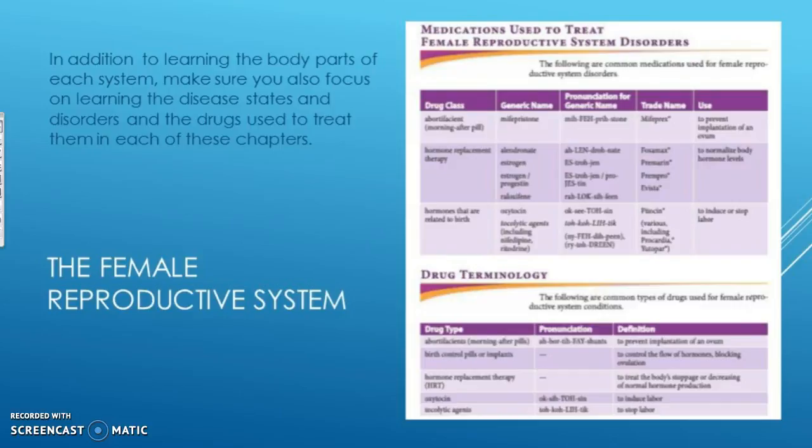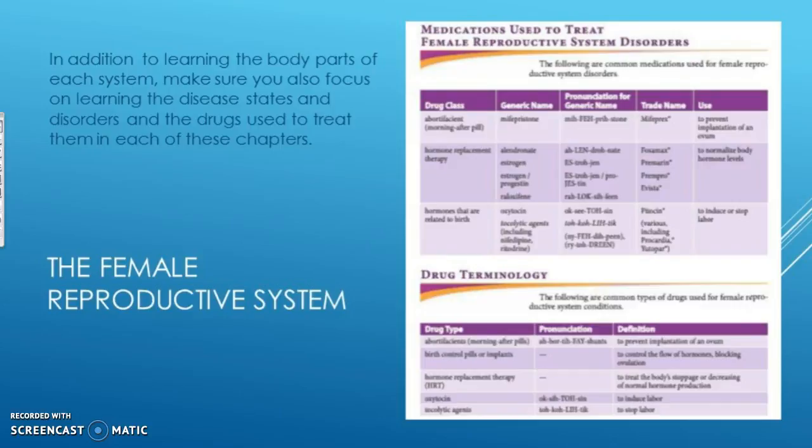I really want you to focus on the drugs used to treat these different diseases and disorders, so that when you are presented with them in a pharmacy, you are familiar with what this is all about. This is just an example, a table right out of your textbook. Since we're talking about the female reproductive system, we're looking at things like hormone replacement therapy, birth control pills, oxytocin.